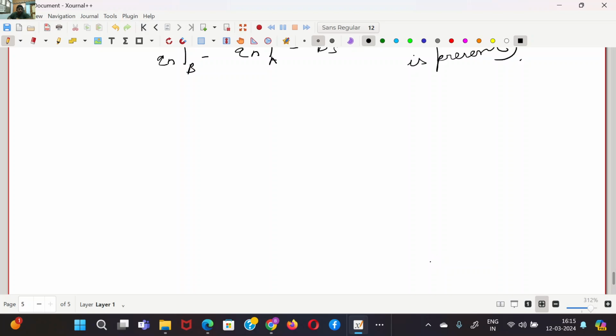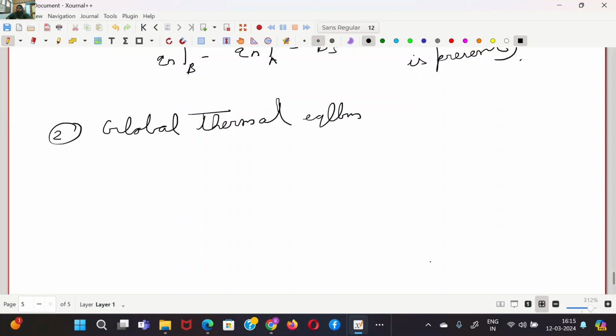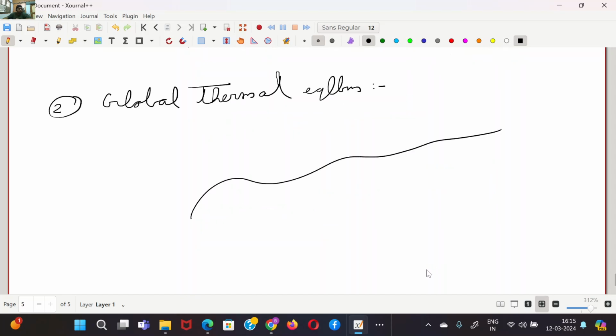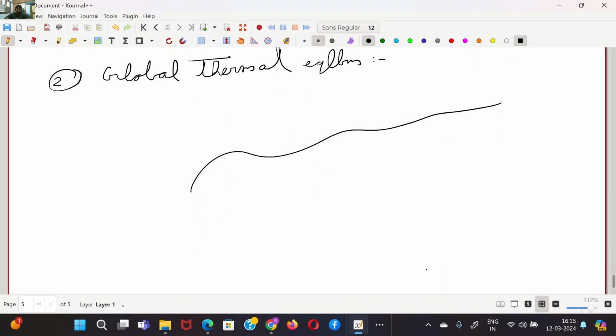The second kind of boundary condition is what is known as global thermal equilibrium. This is phase A, this is phase B. Let us consider three points here: 1, 2, and 3.